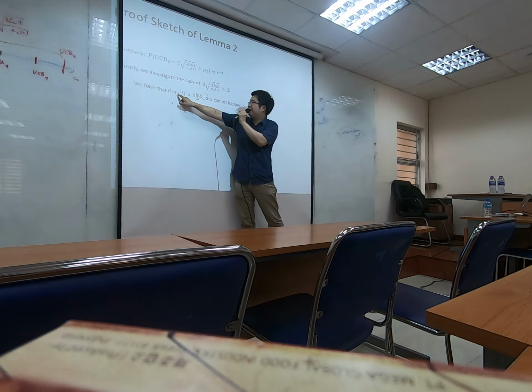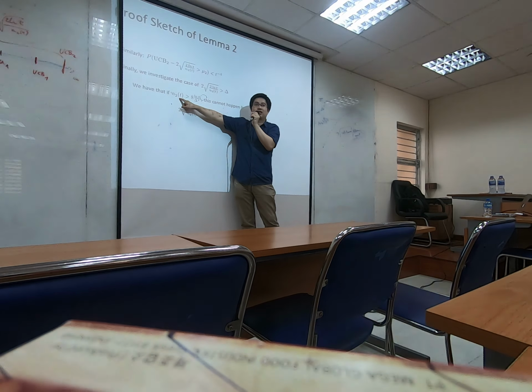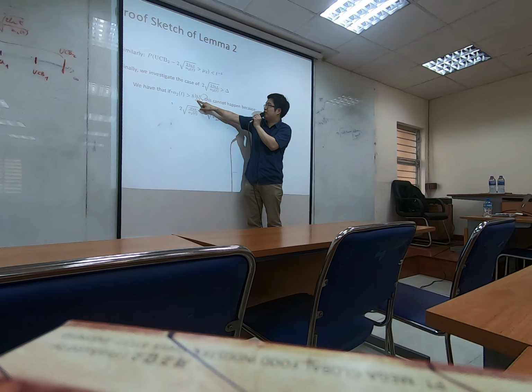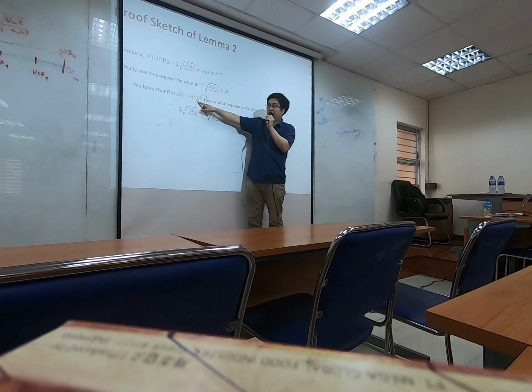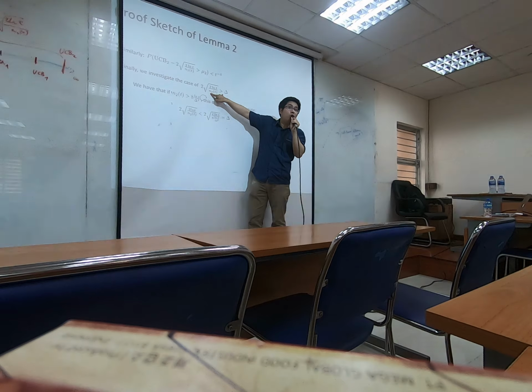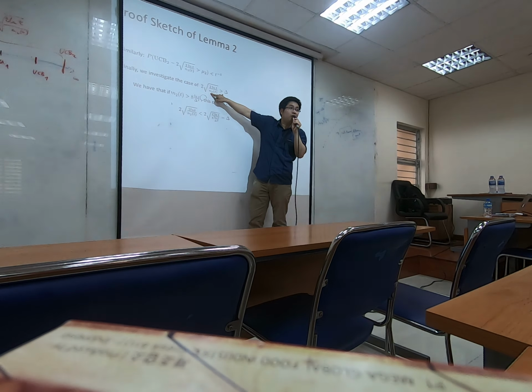When the number of times we pull the wrong arm is high enough, meaning that it has to be at least 8 times the log t divided by square of delta, then actually it's not going to happen at all. Okay?